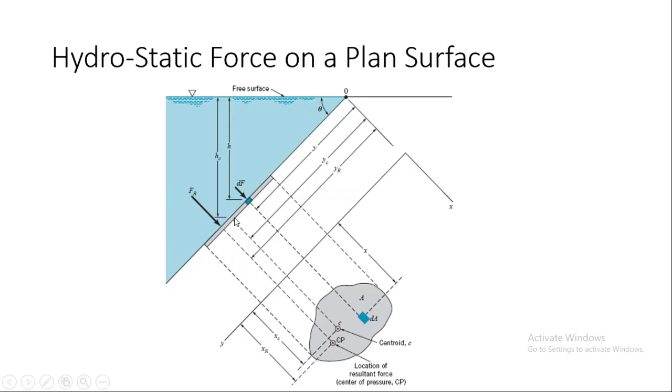If I am talking about the centroid of the complete rectangular surface, I name it in the y-axis yc, and for vertical distance I say it is hc.